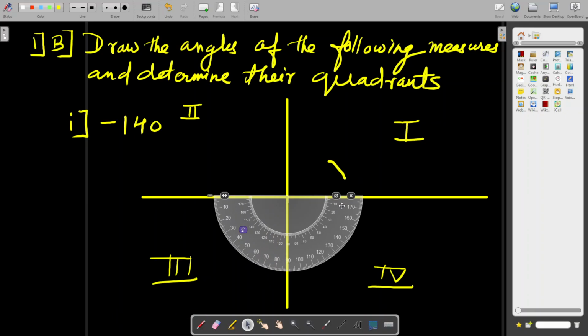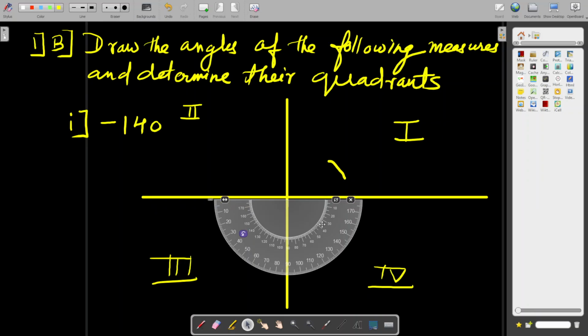And if we start from here, this is 10, 20, 30, 40, 50, 60, 70, 80, 90, 100, 110, 120, 130, 140.